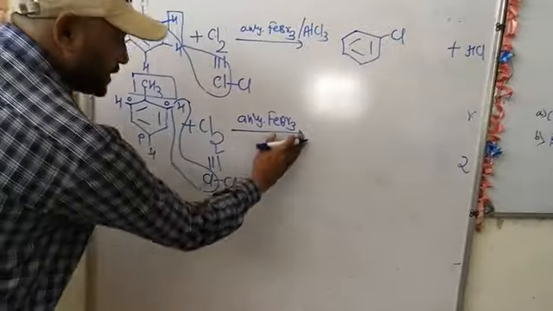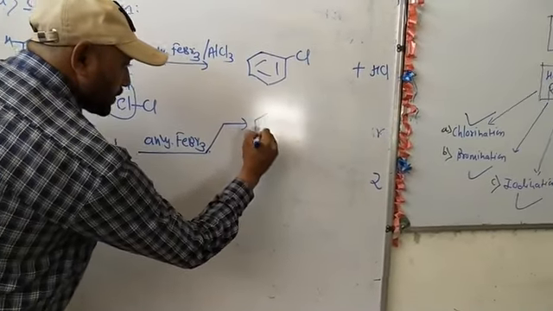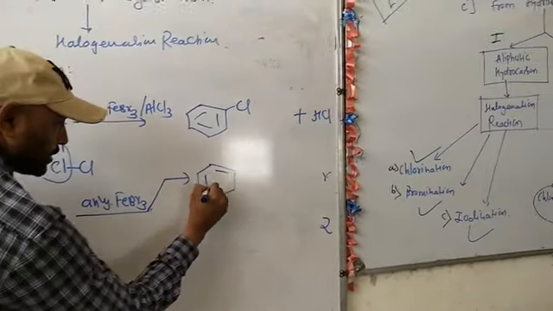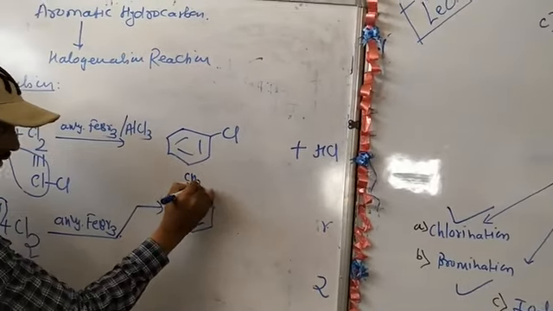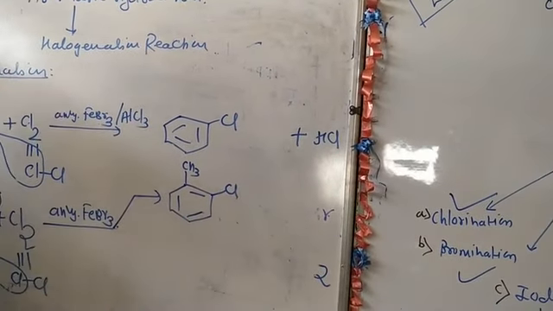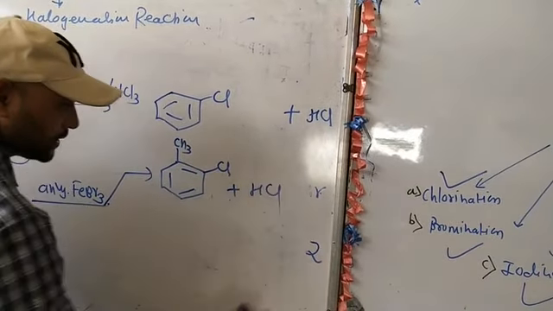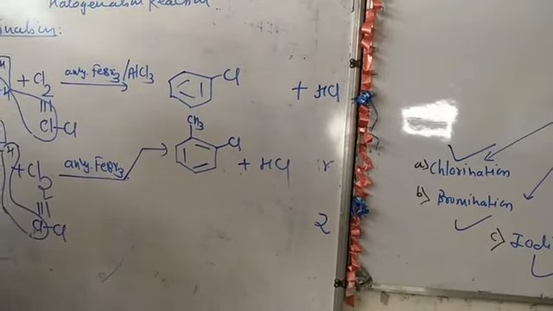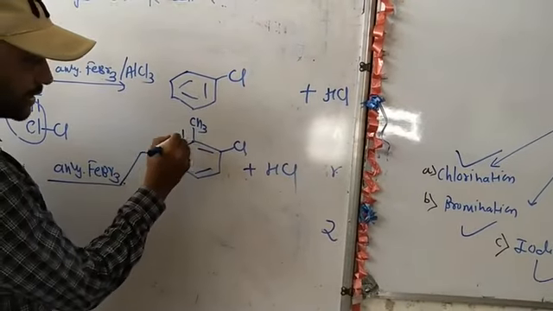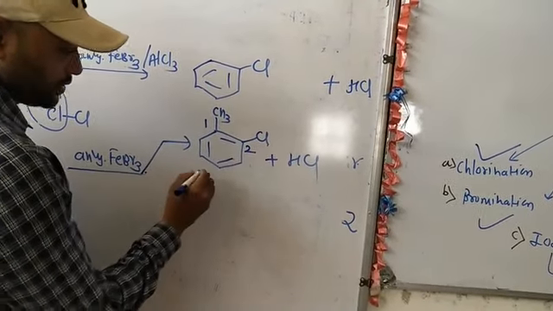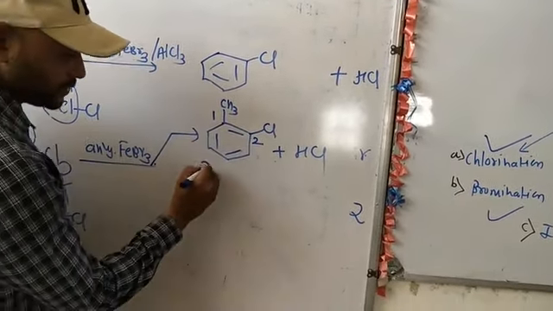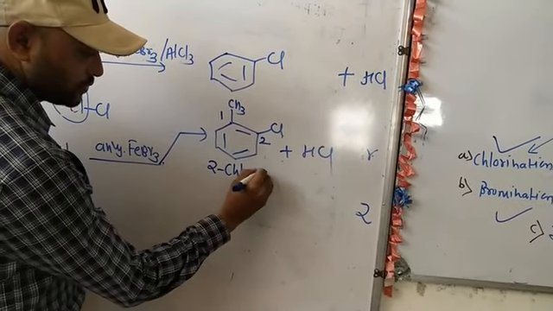So the first product is the ring with CH3 and here the substituted chlorine, plus HCl. So what is the name of this compound? This has the special functional group, that's why it is number 1, and this is 2. Already studied in the IUPAC naming, 2-chlorotoluene.